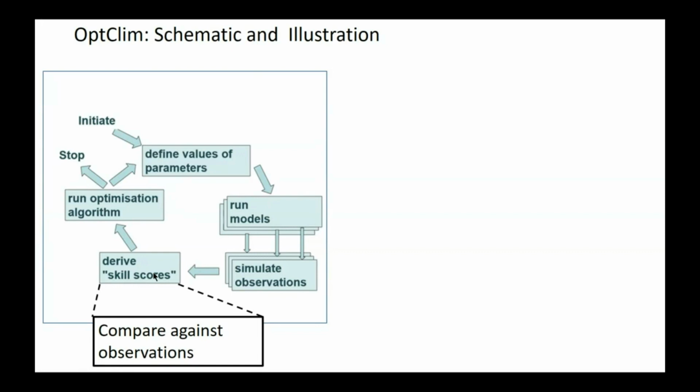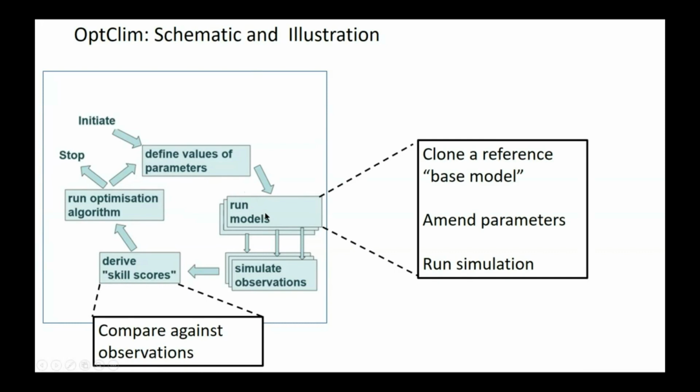In the previous example I gave, that was the satellite observations. Then with those deviations and the parameter values, we can run the optimization algorithm and generate more values of parameters, and then run the models again. When we run the models, we're cloning a reference base model, then amending the parameters as defined by the OPTCLIM algorithm, and then running the simulation.